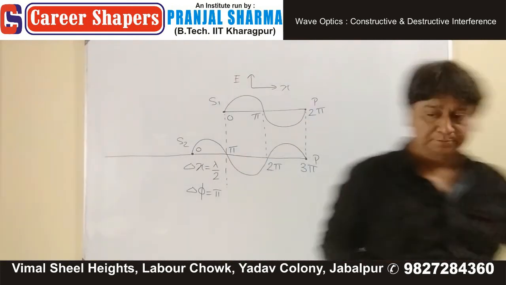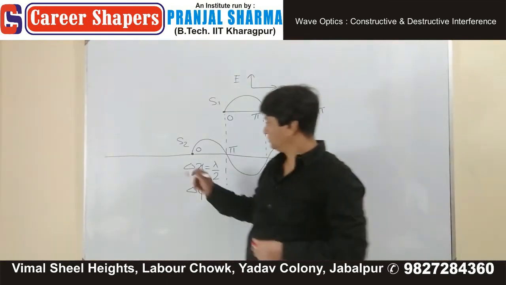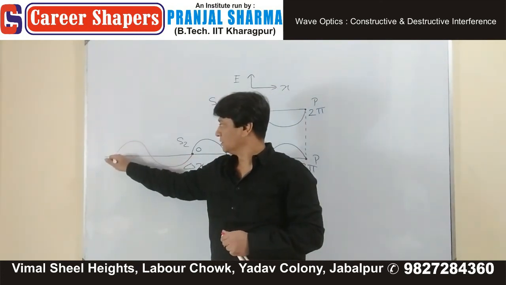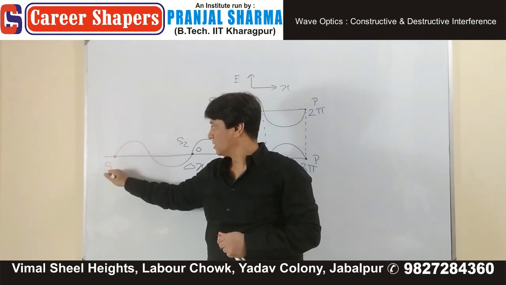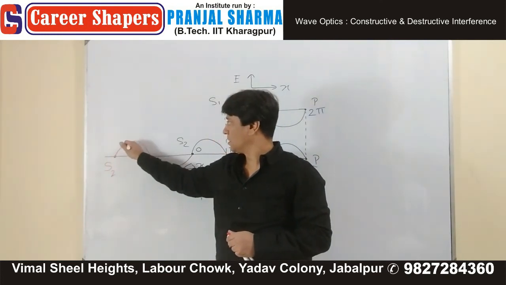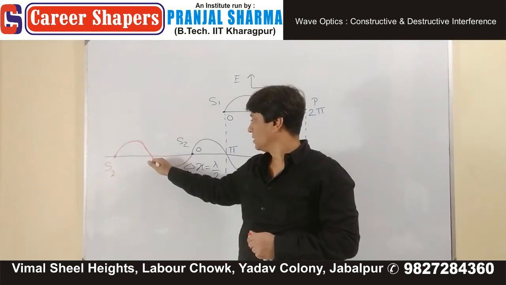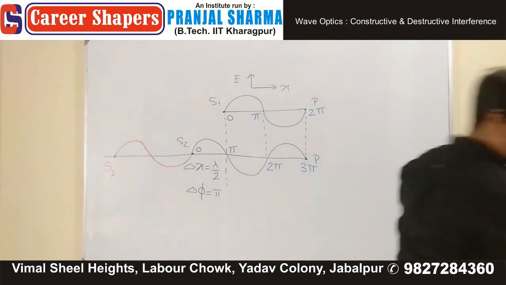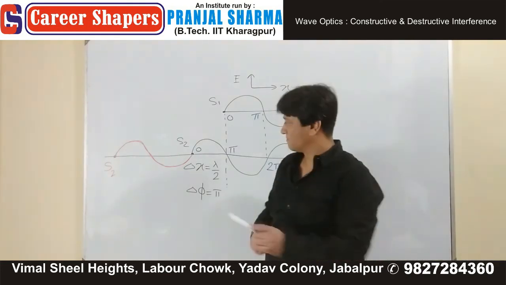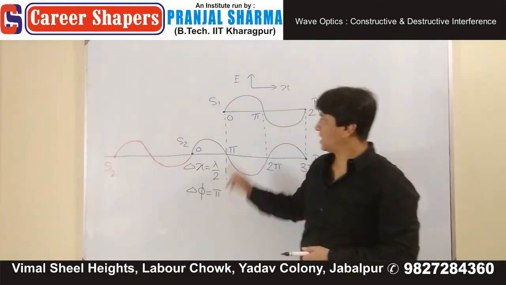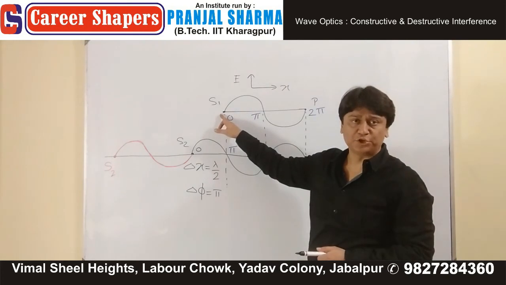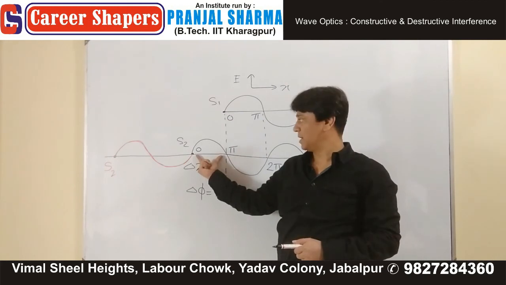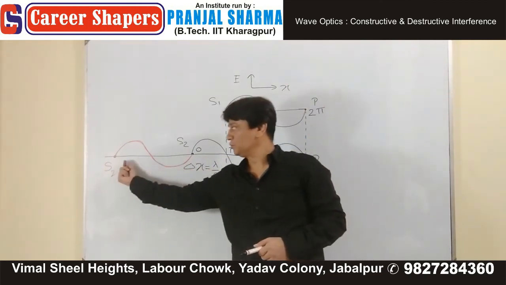Now next, you place your S2 at some place like this. So at this place S2, what is the phase difference, path difference starting from this S1 position? Lambda by 2. Let's count it like this. 1 lambda by 2, 2 lambda by 2, 3 lambda by 2.